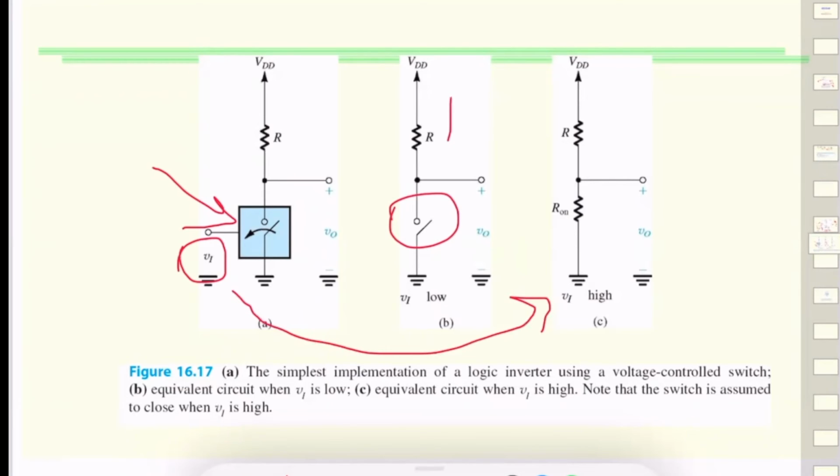So when it's an open circuit, we get high here. When this is 0, we get 1 here. When this is 1, which means we have closed the circuit, we are getting 0 here because the signal is getting grounded, and the current is flowing to the ground.